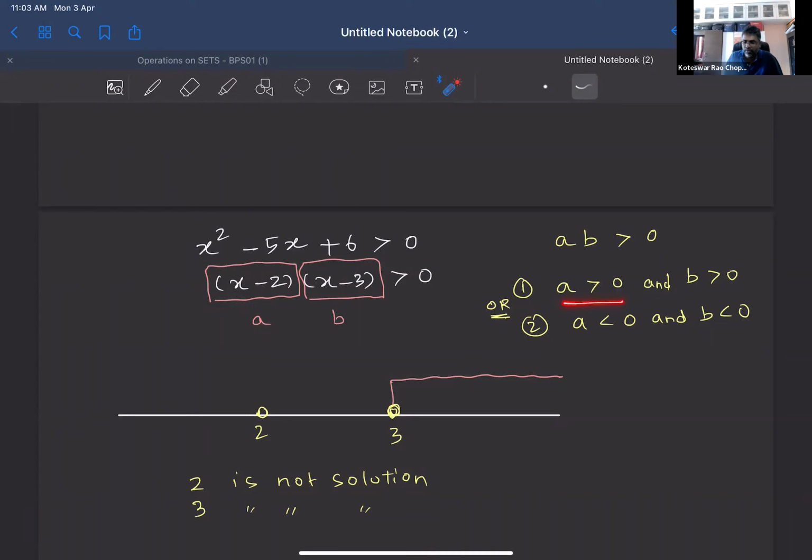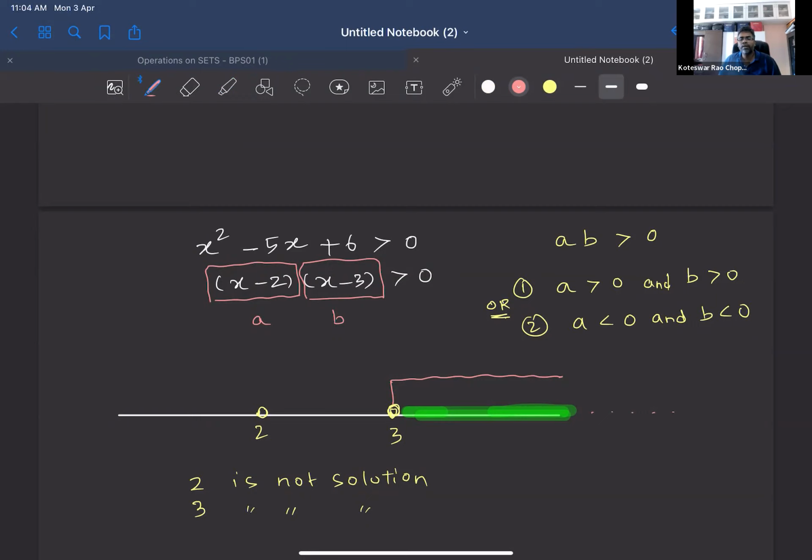A is greater than 0, b is greater than 0, so my inequality gets satisfied. So can I claim that any value after 3, but not 3, will be my solution? I can take any of those values.